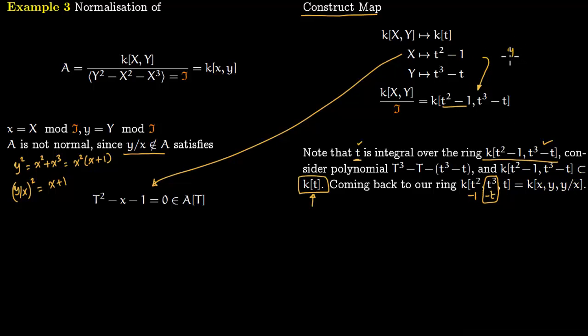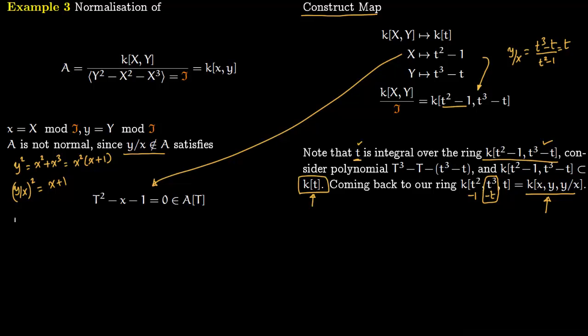Again you can see y by x is (t cube minus t) over (t square minus 1), and now you just take t common. So you have t square minus 1 in the numerator, which will cancel with the denominator. So this is the normalized ring. Again, you have small x, small y, and y by x. This small x comes from here, capital X modulo I, and this small y again comes from here, capital Y modulo I, from this ring.